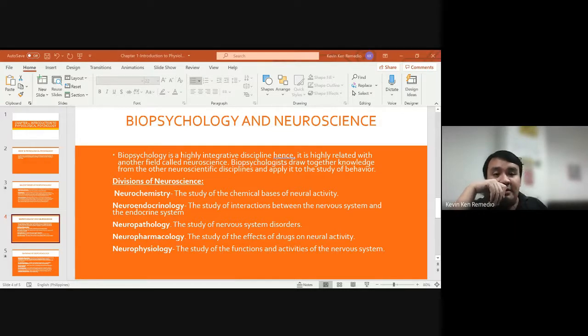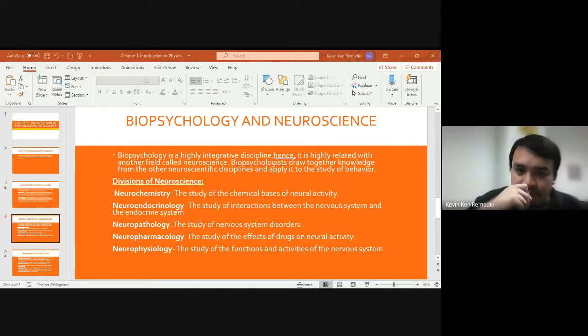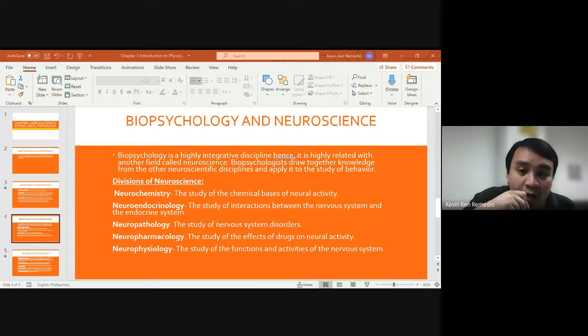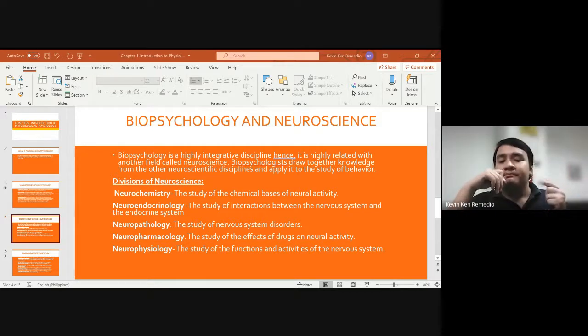neuroendocrinology, the study of interactions between the nervous system and the endocrine system. So sa Psych 1, if nakaagi mo ug Psych 1, which I'm sure you have, sa neuroendocrinology, gi-discuss ang hormones. Because hormones are mainly produced by the endocrine system.